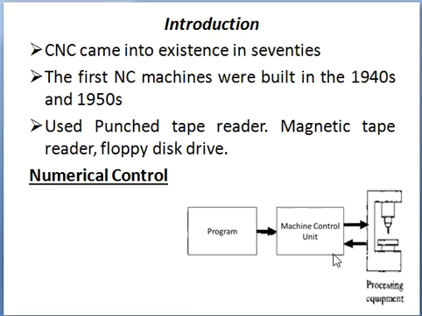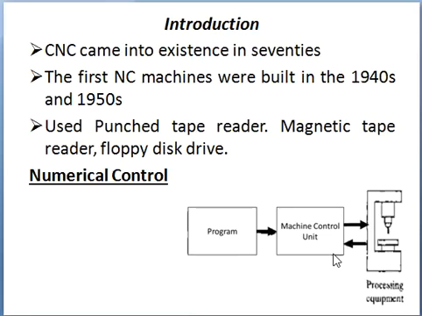The part program is fed to the machine control unit through some input media like a keyboard, mouse, and any other mechanisms like punched cards, magnetic tapes, floppy disks, paper tapes, etc. So these instructions are transferred to the second set of equipment, that is the machine control unit.